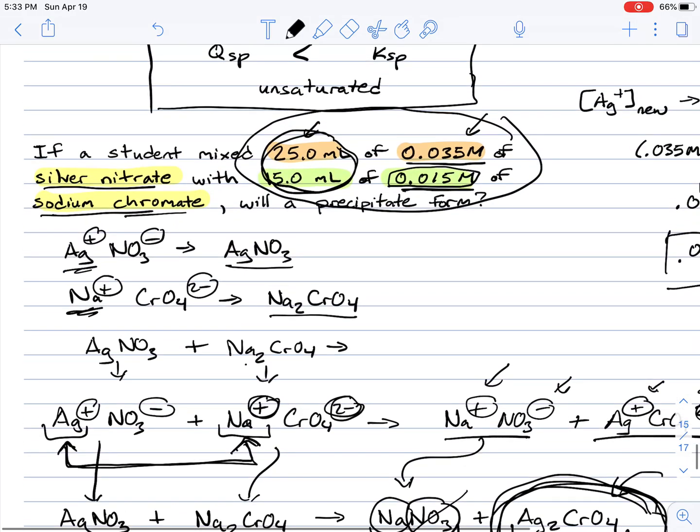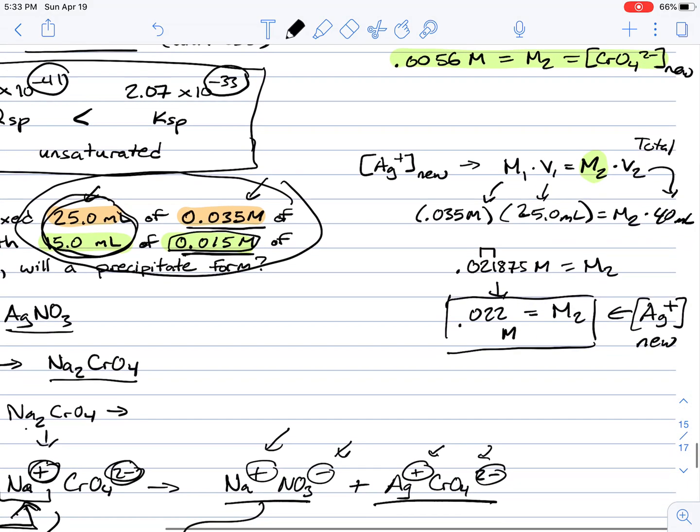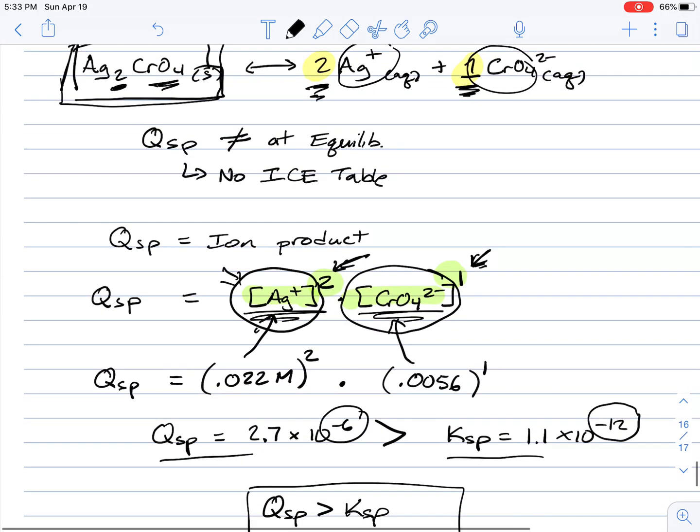And to do that, if the problem is describing that you're mixing two solutions together with a certain concentration, you need to recalculate the new concentration using M1V1 equals M2V2, the dilution equation. Once you solve for M2, you are going to plug that into the substance inside your Qsp equation, and you're going to do it again for the other ion.